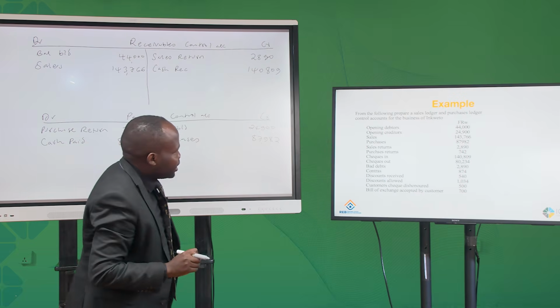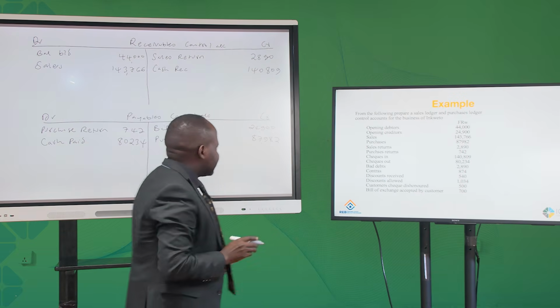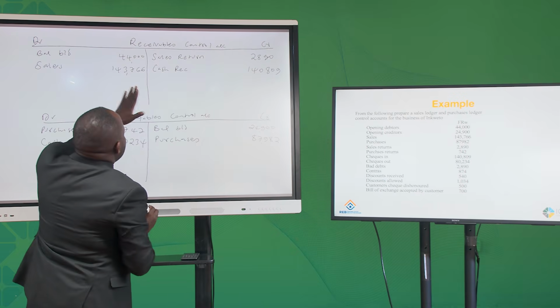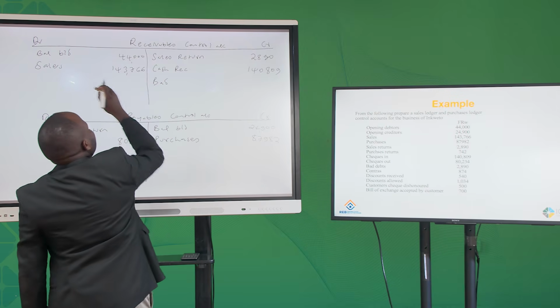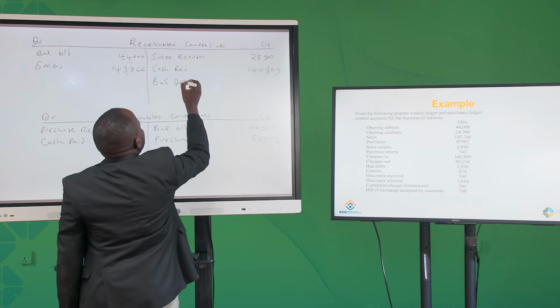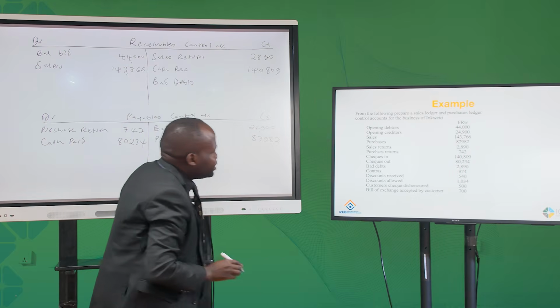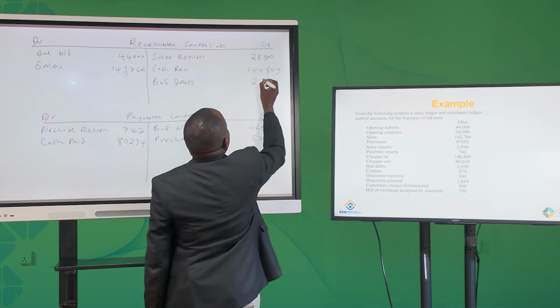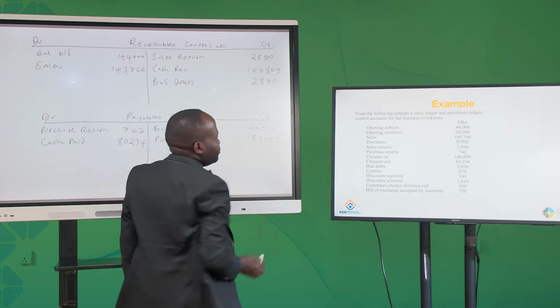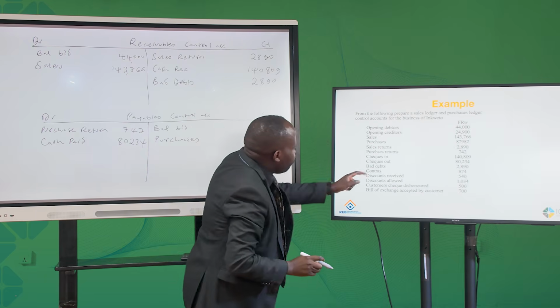Next, bad debts. Remember, if it's recovered, it's that side. So our bad debts are 2,890. We continue. Next, contra.